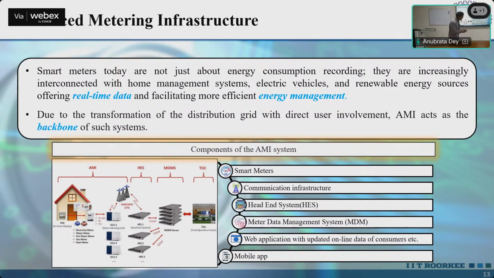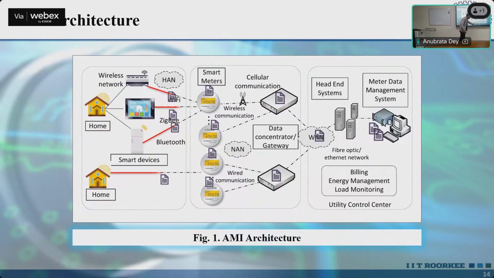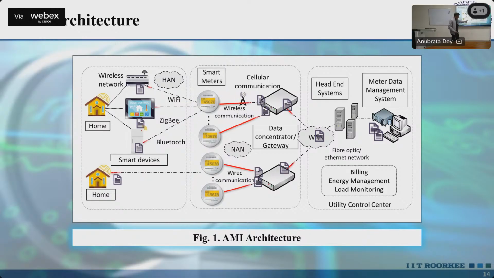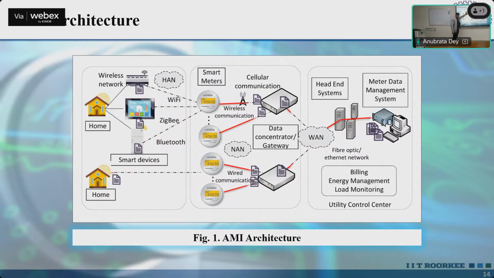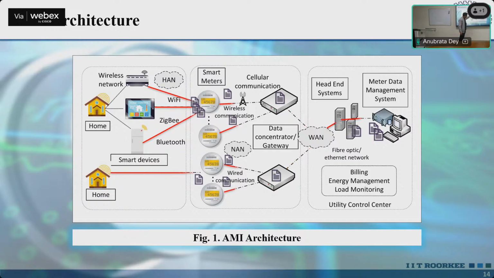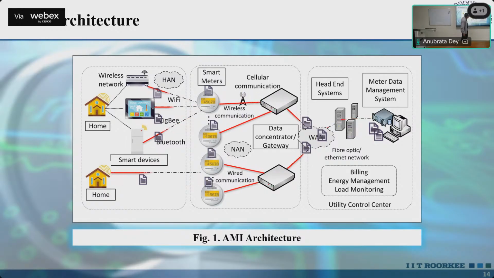So if you look at the architecture of AMI, it looks like this. Here in your house, you have all the smart devices, and you are using the house area network, some type of communication network, usually HAN. They are collecting the data and sending it for further processing. At this side, you have some data concentrator or gateway, where they use another type of network, the neighborhood area network, which is more powerful than HAN.